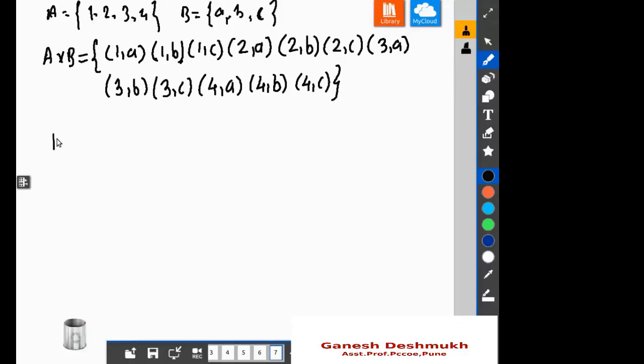Now I can directly find out R's complement, which is defined as A cross B minus R. So I should subtract the relation pairs of R from this A cross B. So what is my R given?